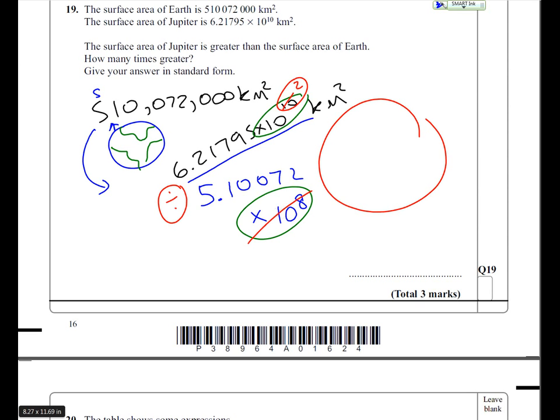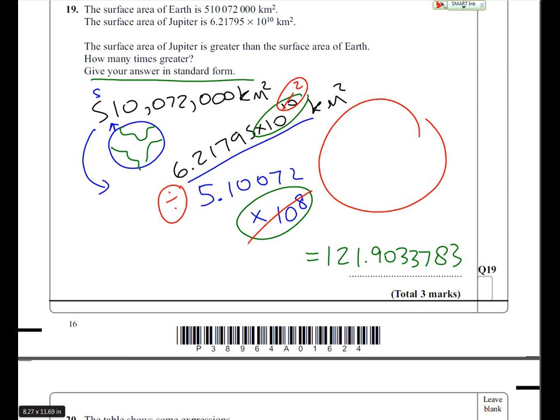6.21795 times 10 squared, or just 100. You can press equals now if you want, divided by 5.10072. Okay, and it gives you the answer of 121.9033783. Give your answer in standard form.